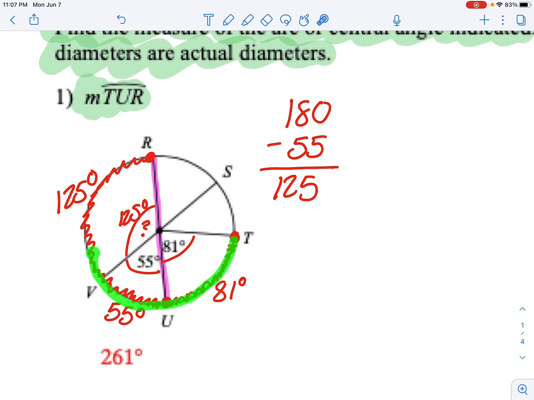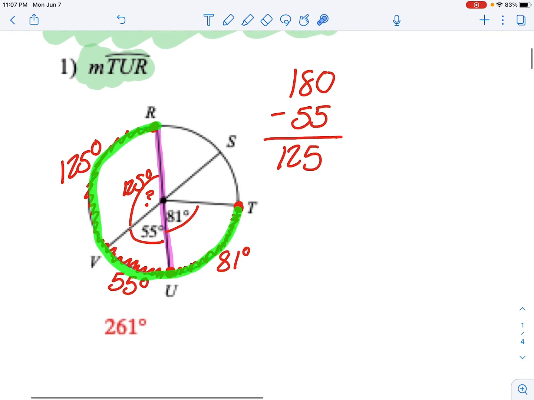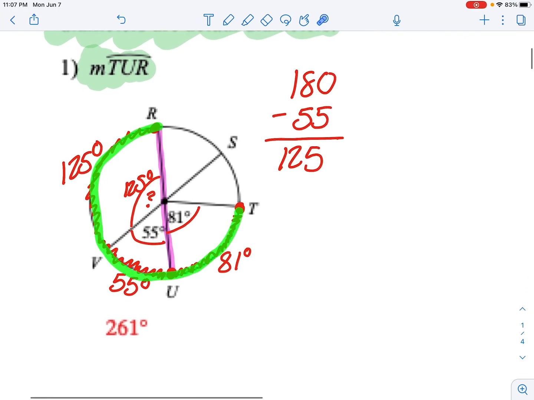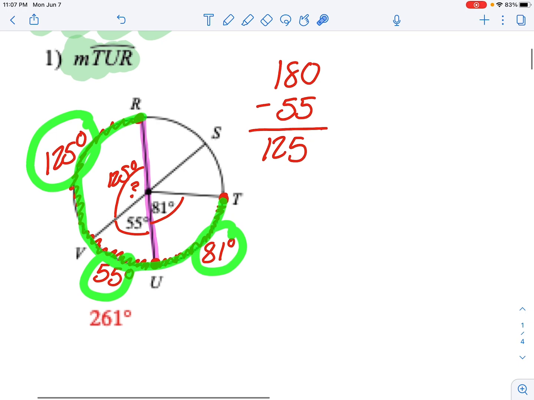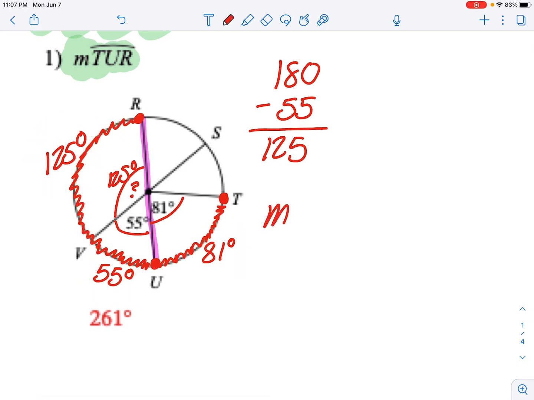So now if we go from here all the way around there, we add up our 81, our 55, and our 125 to give us arc TUR.